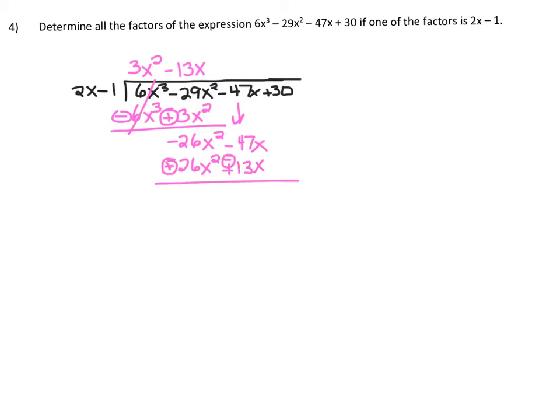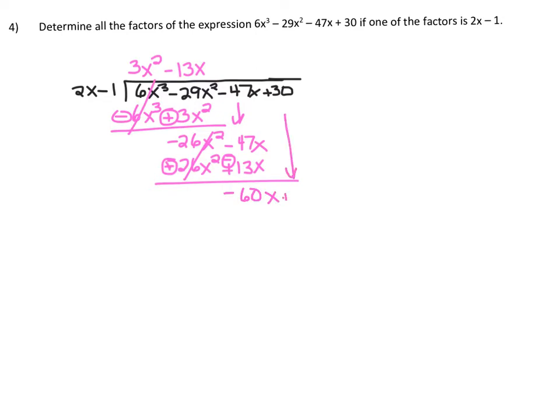If you don't see the circles there, it means you've got to change your sign. So remember to change them and circle them. First two terms cancel off. And when we combine these next two terms, negative 47x minus 13x is negative 60x. And then finally, let's bring down that last term.